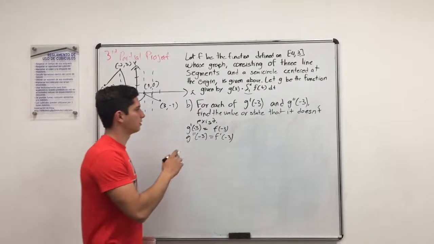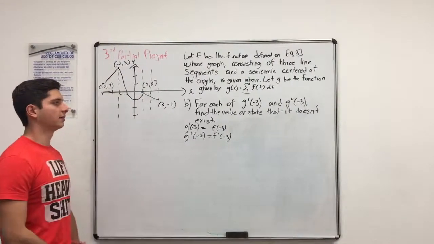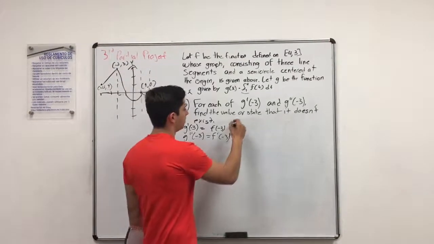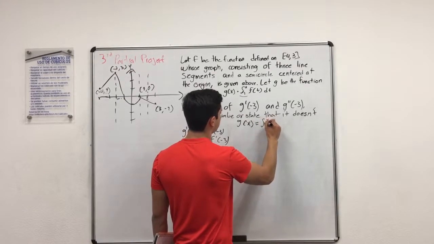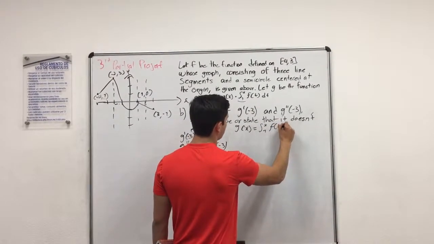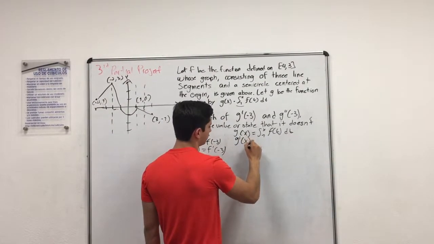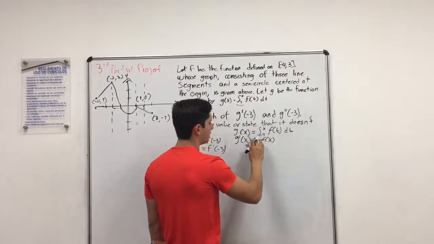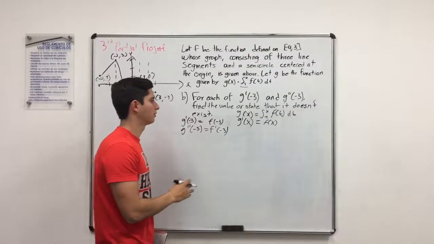For each of g'(-3) and g''(-3), find the value or state that it doesn't exist. So we have the formula g(x) equals the integral from 1 to x of f(t) dt. When we differentiate this g(x), we are left with f(x), because when we differentiate, the integral goes away and it's like doing nothing.